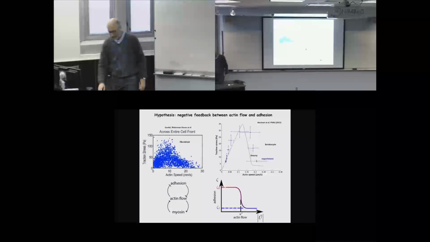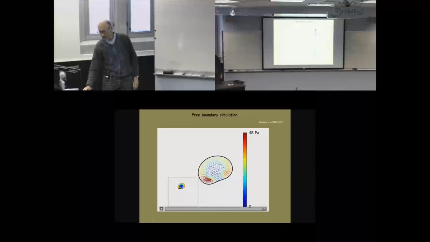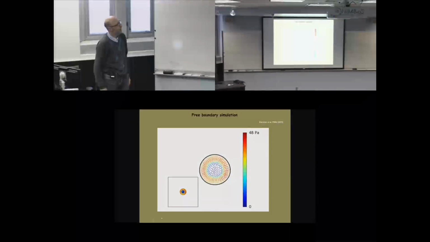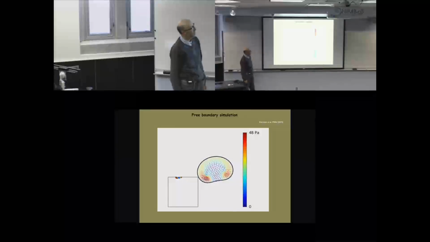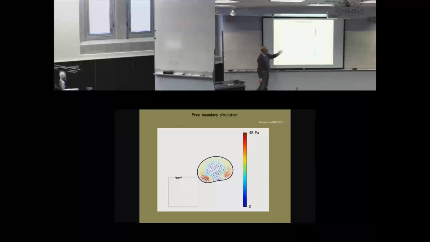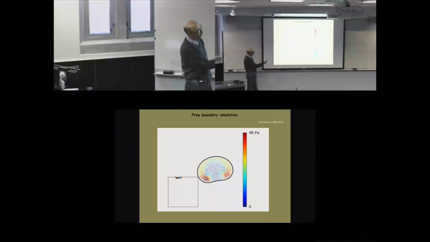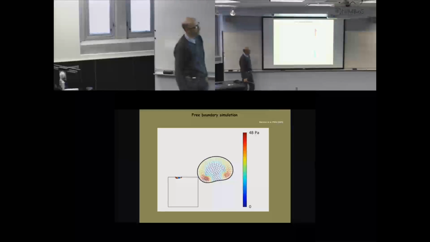And so when we added this term, and added some initial fluctuations to the cell to destabilize it in the beginning, then the cell spontaneously loses symmetry and assumes quite realistic shape, starts moving fast, and also has this pattern of traction forces very similar to the experimental one.